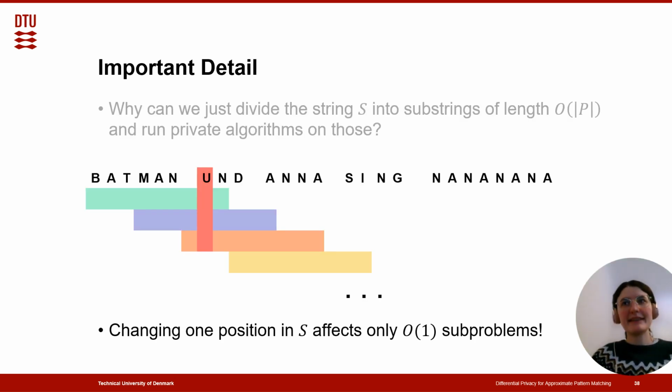The reason is that the way we define our subproblems, at most a constant many of them overlap, which then means that if I change one position in the string, it only affects a constant number of subproblems. And this means that we only need to use what is called sequential composition on those, at most a constant number of subproblems, and can use parallel composition for the rest.